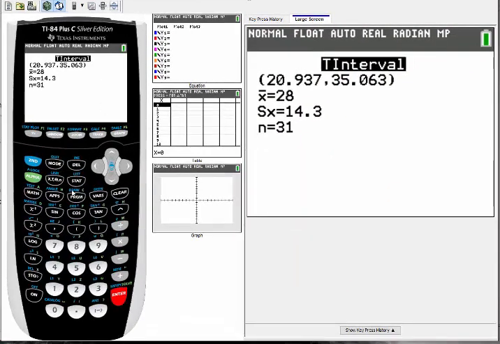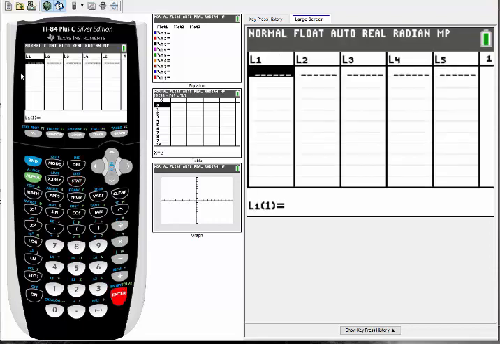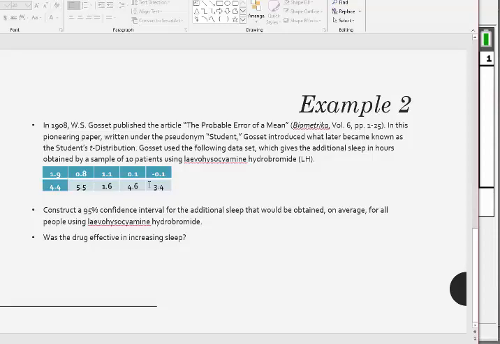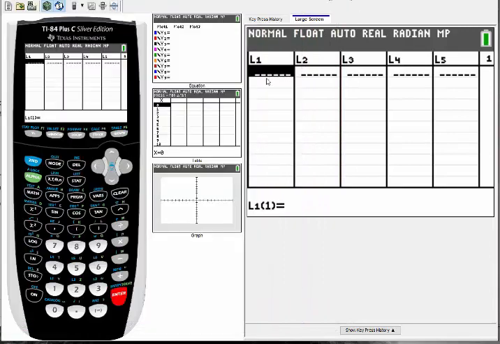To plug something into your graphing calculator, you're going to hit Stat. Under number 1, you're going to edit the list. And under L1, you're going to put these additional hours of sleep into your calculator. So the first person got an additional 1.9 hours.